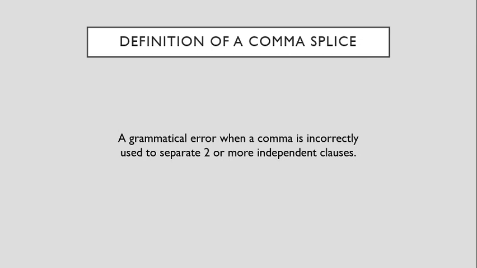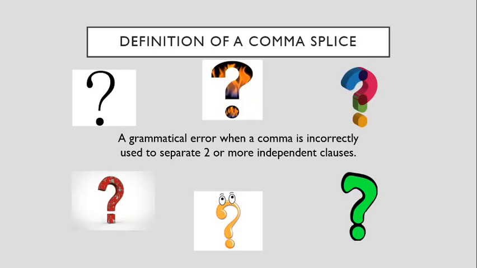I will say that a second time just so the words start to seep into the back of our minds and we start to really think about the definition itself. Again, a comma splice is a grammatical error when a comma is incorrectly used to separate two or more independent clauses.